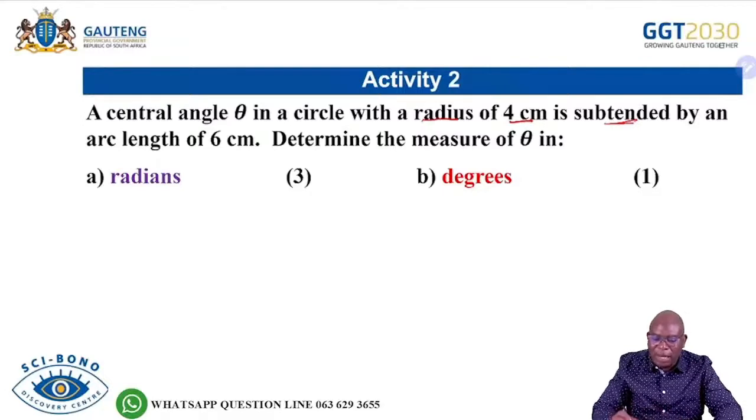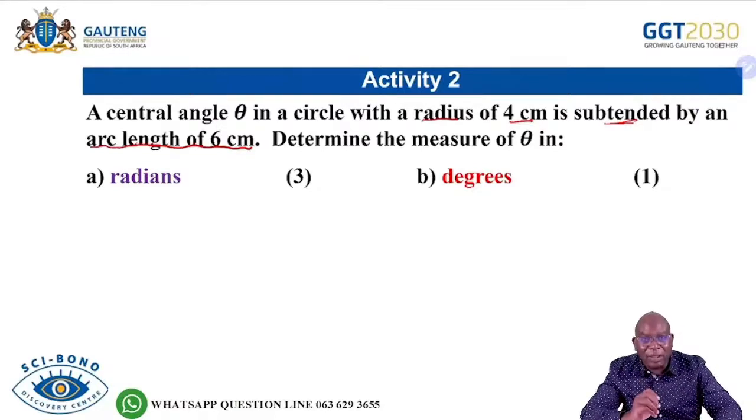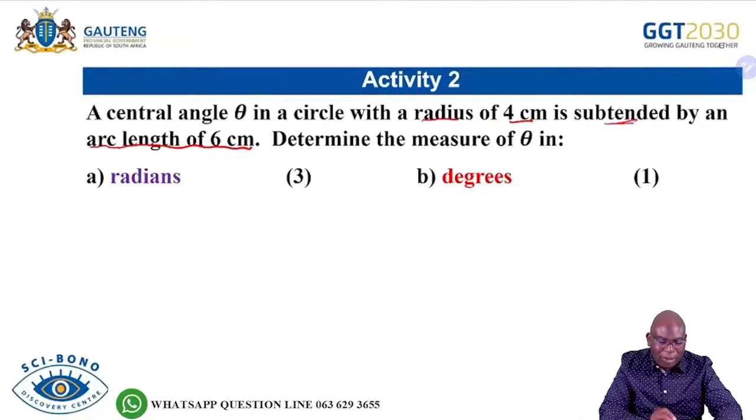In other words, I have a circle which is subtended by an arc length of 6 centimeters. The A part says you must determine the measure of theta in radians. You see now they want it in radians first. So how do I calculate that in radians? I write down the formula.